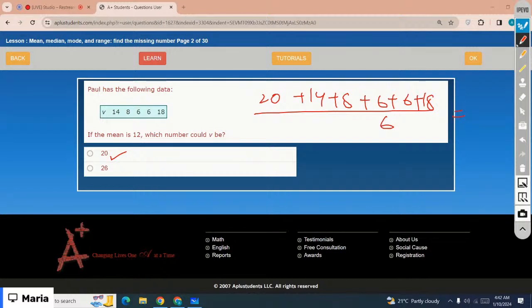Let's see if the mean is 12. Let me add: 20 plus 14 plus 8 plus 6 plus 6 plus 18. It is 72, and 72 divided by 6 is 12.